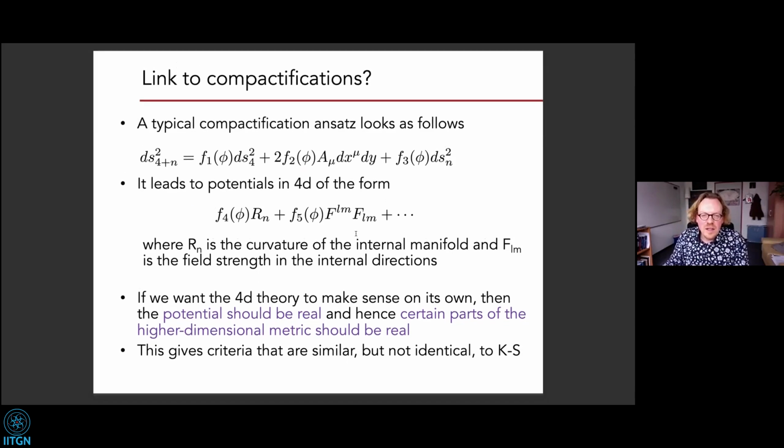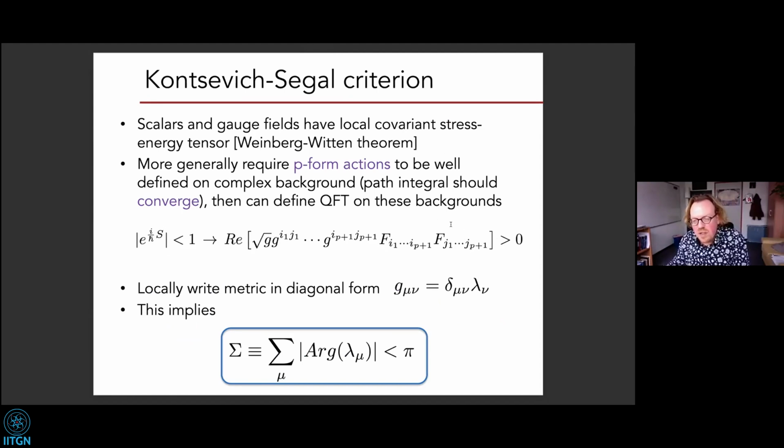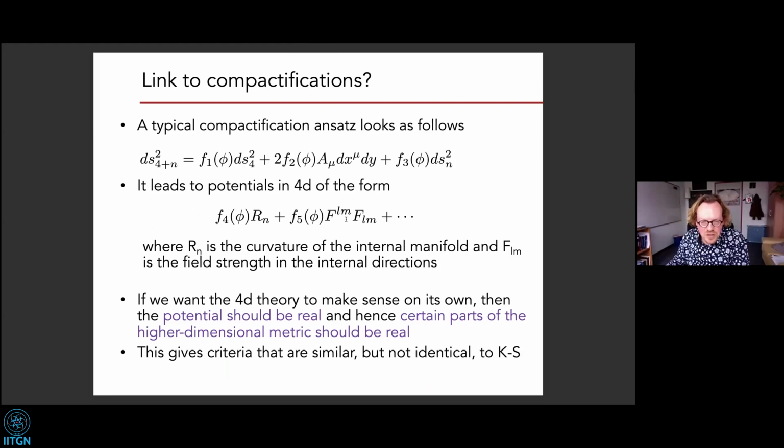If you compactify such a theory, you get an effective potential in 4 dimensions, which involves the curvature of the internal dimensions, scalar fields, and also the gauge fields in the extra dimensions. Now, if you want this theory to make sense in 4 dimensions, then the theory by itself, as it is defined, should involve only real fields. And so this gives justification for parts of the higher dimensional metric to actually be real. So when I was giving this criterion before, one assumption implicit in this was that the field strengths for the gauge fields themselves were real. And this gives at least a partial justification for this.